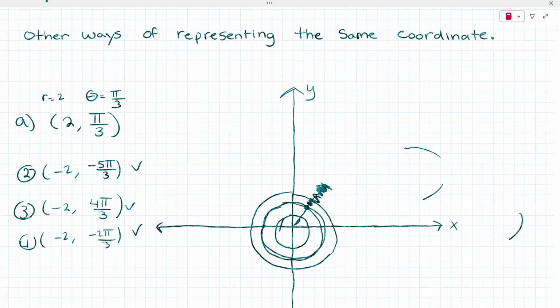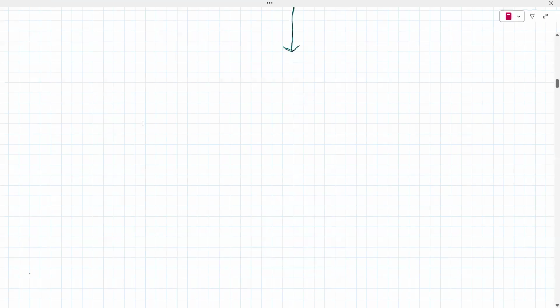Also, what does this mean in rectangular form? Yeah, let's talk about it. What does it mean in rectangular form?